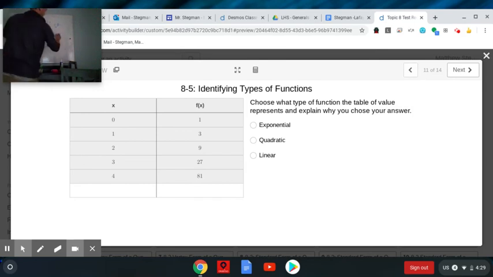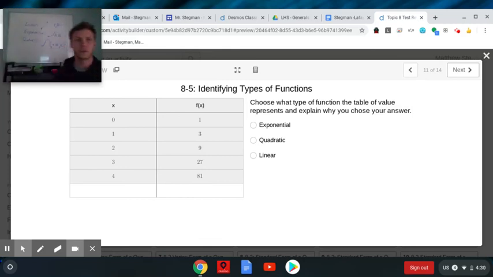Exponential, they multiply by the same number each time. Quadratics are a little bit different. It's not the first time, it's the second difference that you're looking at.